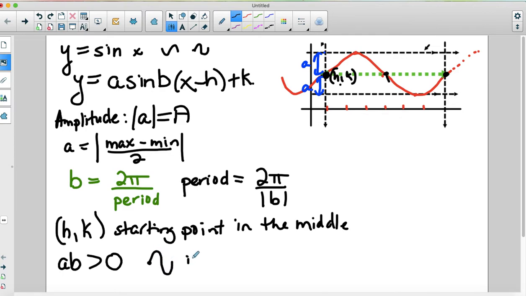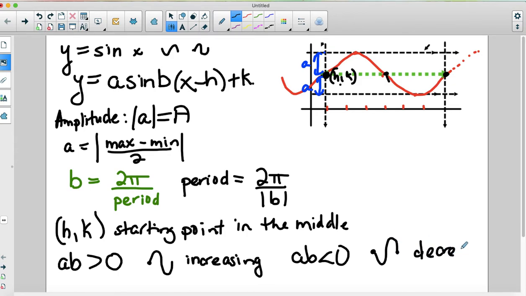This would be considered increasing. And if your A times B is less than 0, that means if your H and K would be there, you'd be decreasing first before you start increasing. And this is considered decreasing. And that's pretty much everything that you need to know about the sine function.